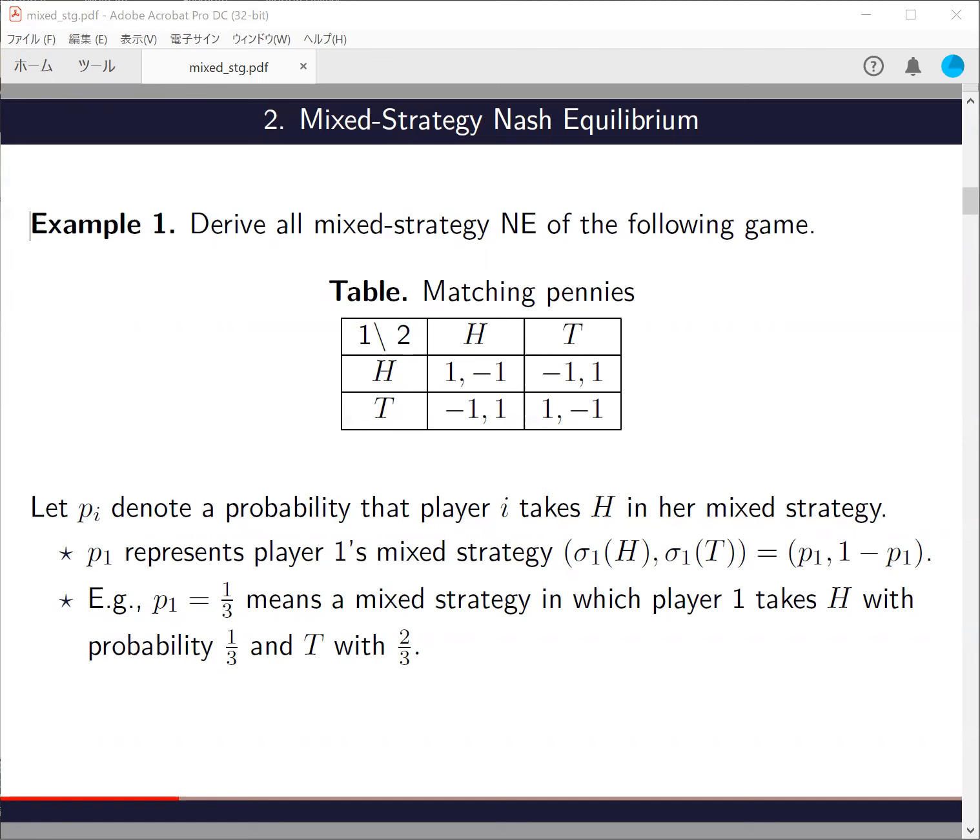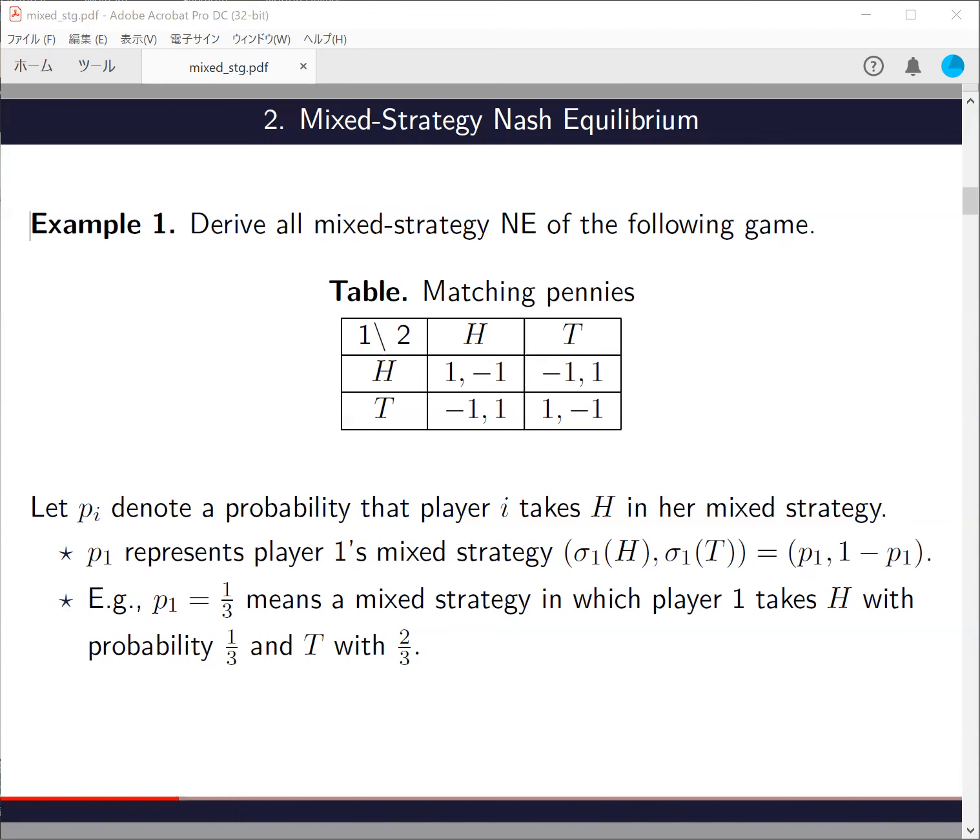Note here that P1 represents the whole distribution of player 1's mixed strategy in this simple game, since we know the probability of playing T once we know the probability of playing H. That is, we know 1 minus Pi once we know Pi.